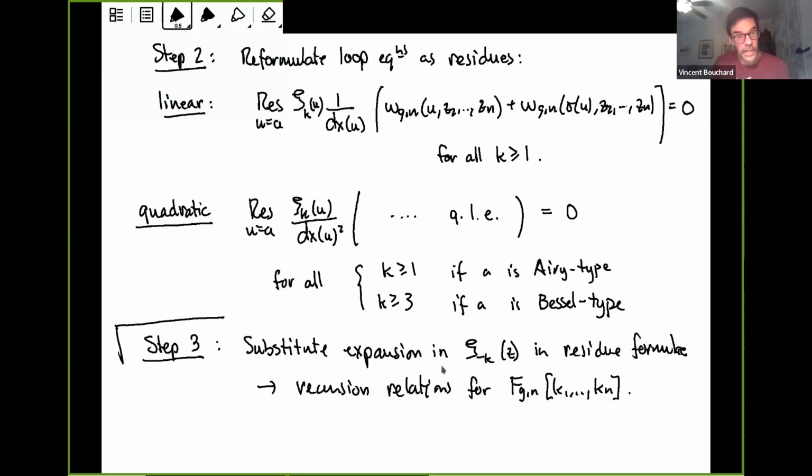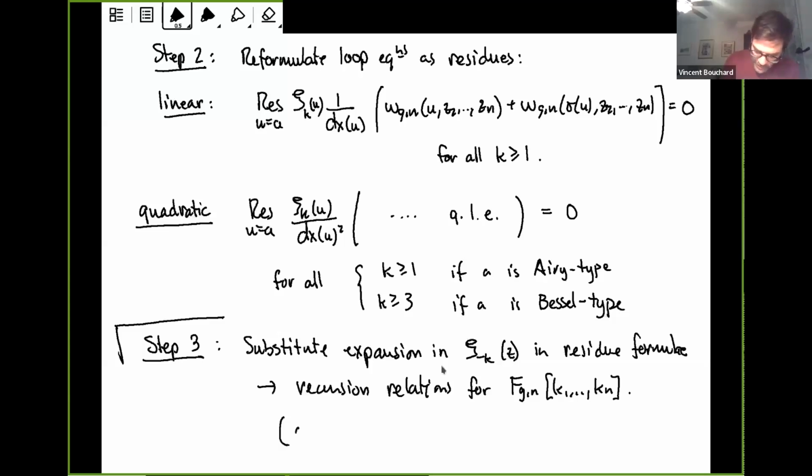That might not be clear, but if you do it, that's what you end up with. In fact, it's not necessarily recursion relations, because it's just an equality of something equals to 0, but you can solve recursively. You can isolate or extract FGNs on one side.